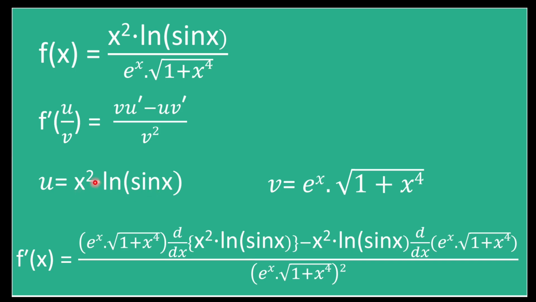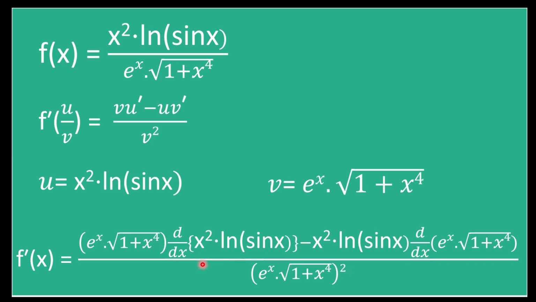So we will use the differentiation of x square ln sin x, and then minus u, where u equals x square ln sin x, and the differentiation of v. So this is our v, so we will differentiate this value, and divide by v square. This is our v, and v square means the square of this value.